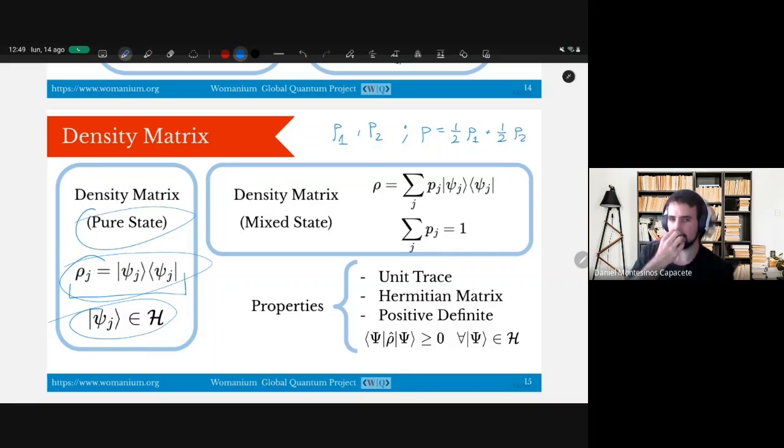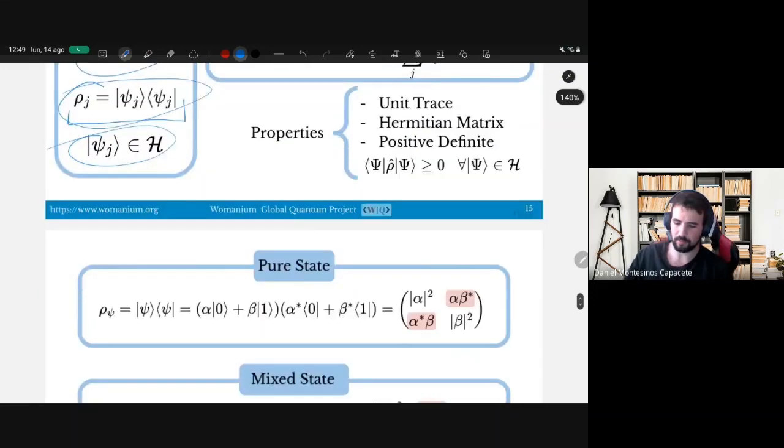It's important that these coefficients, in this case 1/2 and 1/2, sum up to 1, because that's basically the probability to be in one state or another, similarly to when we work with the state vector and the coefficient is related to the probability. Here it's the same, but these are density matrices, not vectors. Density matrices satisfy important properties, but I'm not going to discuss more.